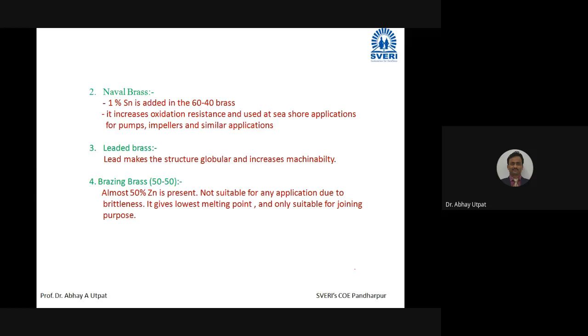I hope you understood. Unfortunately, I am observing some students exit from the meeting. Now only 41 students are there. I am going to mark absent in this case. If there is a problem of internet, etc., you have to rejoin once again within 5 minutes, 2 minutes.